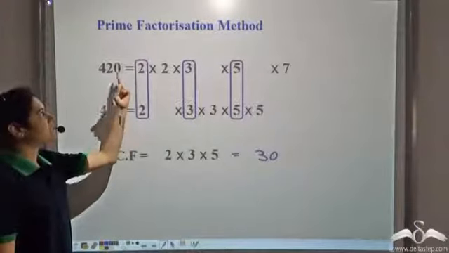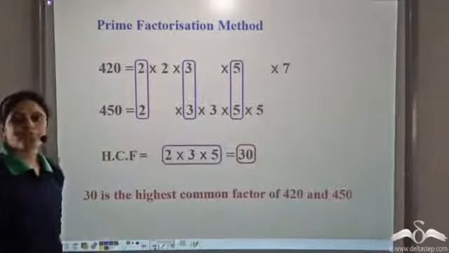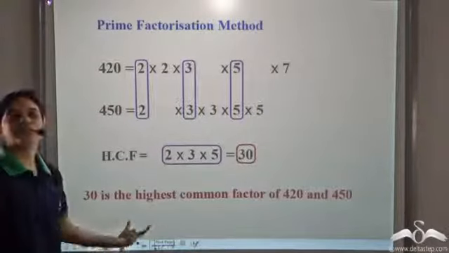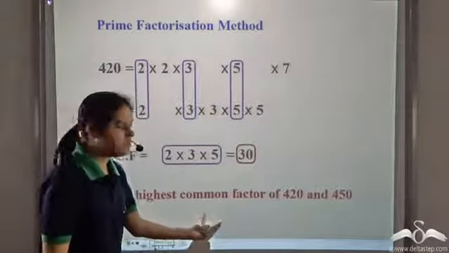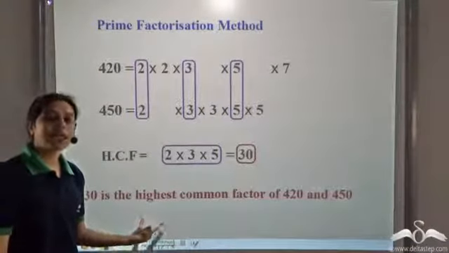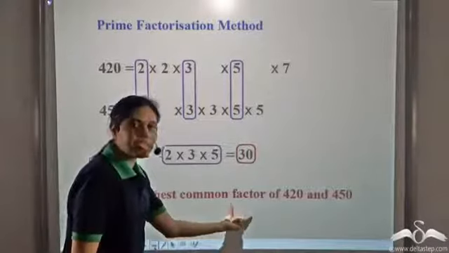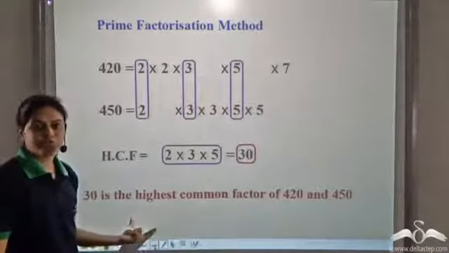So we can say that 30 is the HCF of 420 and 450. So 30 is the highest common factor of 420 and 450. That is, it is the highest number which perfectly divides 420 as well as 450.